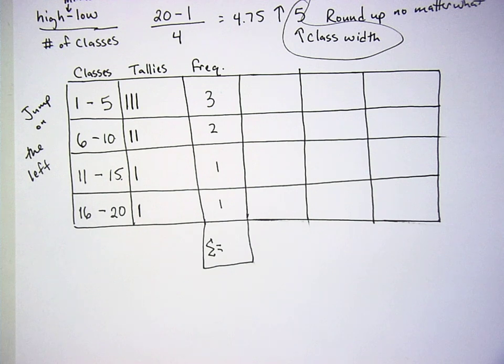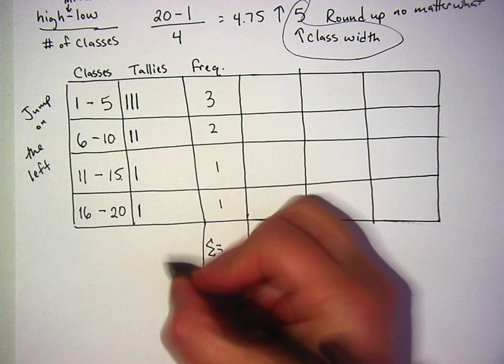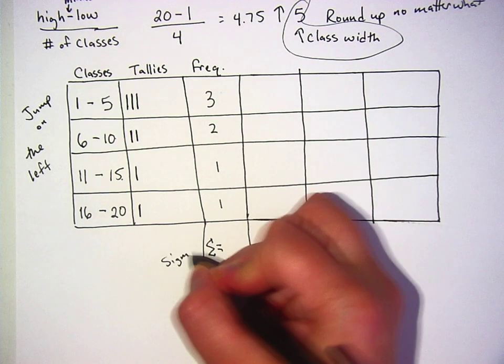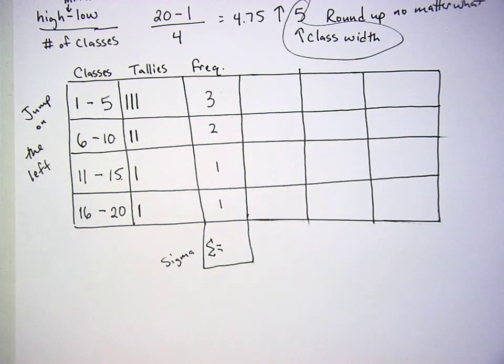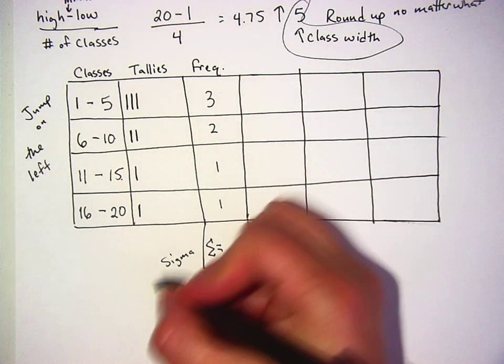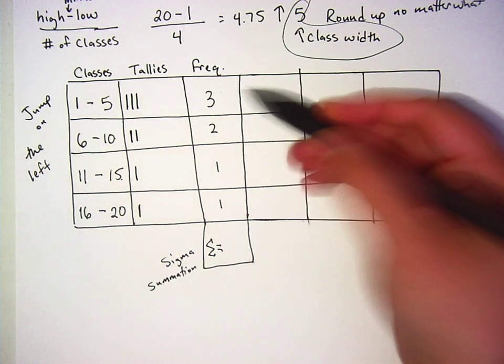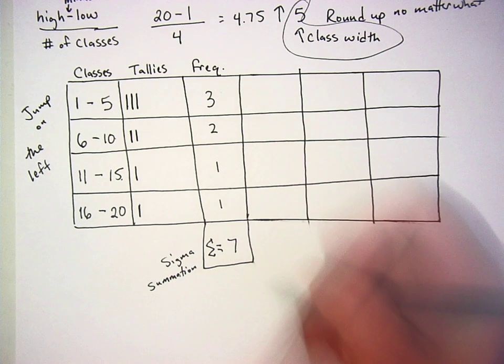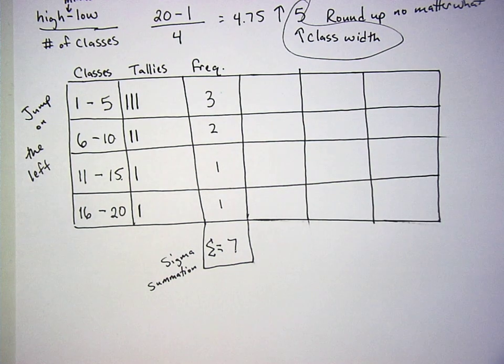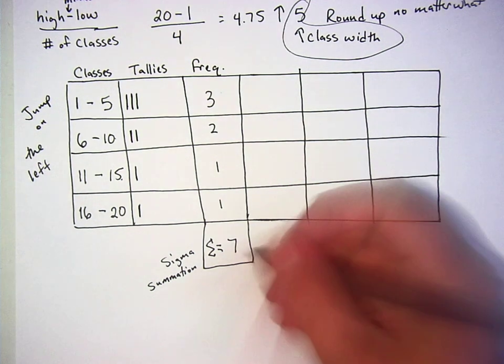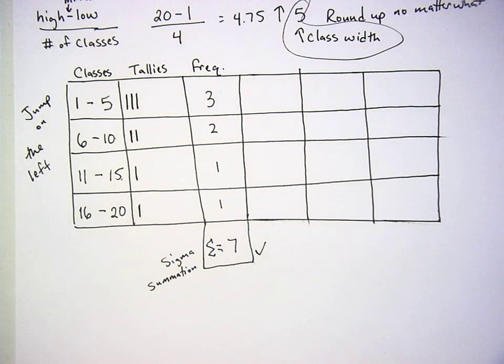This one's called sigma. Capital sigma, and a capital sigma in math always means a summation, which means we're just adding up everything, which means 7. This number should match how many data points you have. So this is like your first check to see if you're doing this right, because you're gonna be real mad if you mess up everything just because you forgot a number. And there are 7 of us, including me.